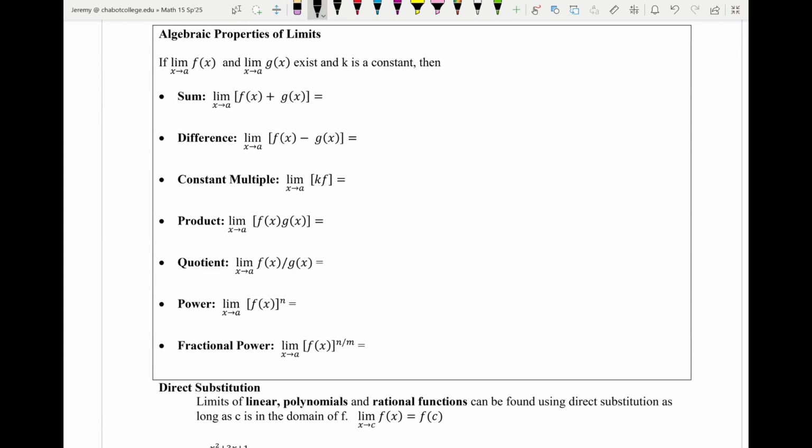The sum property says that if we are taking the limit as x approaches a of the sum of two functions, this is going to be equal to the sum of the limits. So what this means is that we are allowed to take this type of limit and break it up into two separate limits.